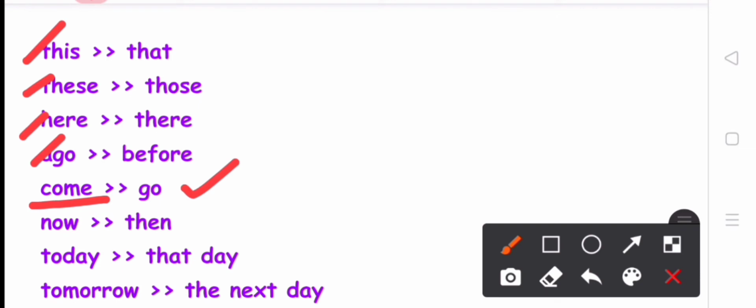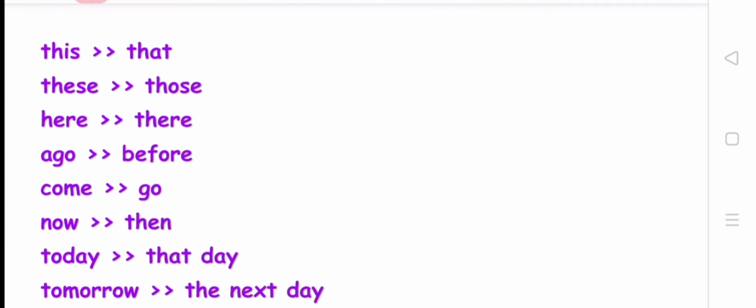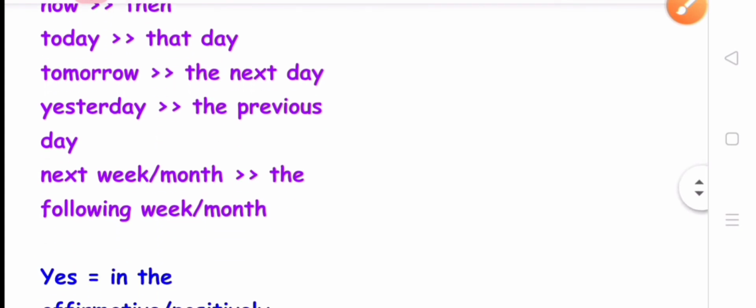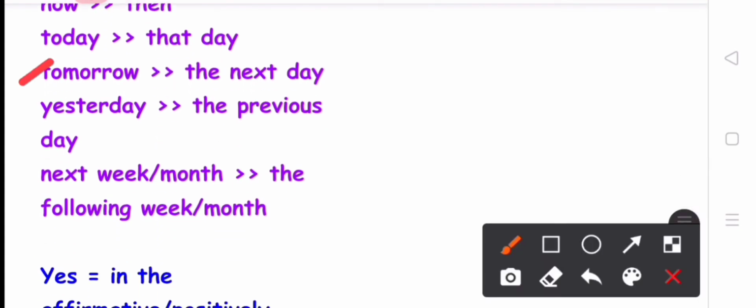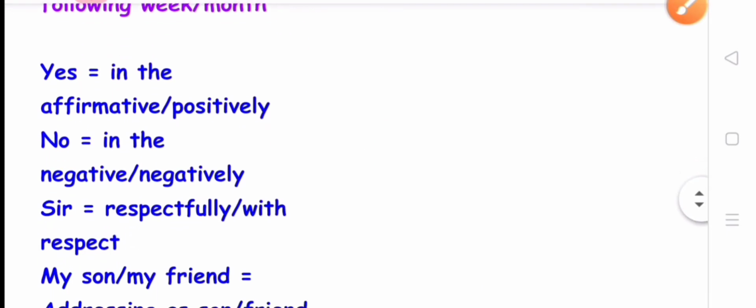Now will be changed to then, today to that day, tomorrow to the next day, yesterday to the previous day. Next week, next month, or next year will be changed into the following week, the following month, or the following year.